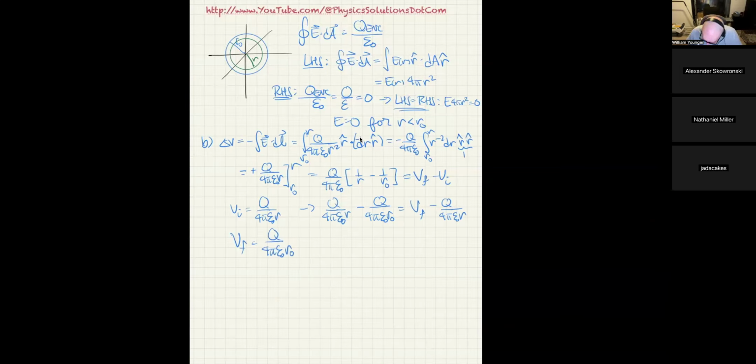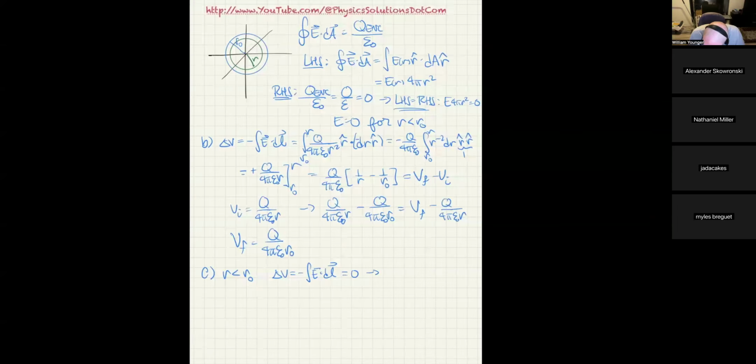With that in mind, we can now consider what it is for r less than r0. Delta V is equal to the negative integral of E dot dl, but we already found that the electric field inside the conductor is 0. So this quantity is 0, and V final is what we're looking for, whereas V initial at the surface was at R0.